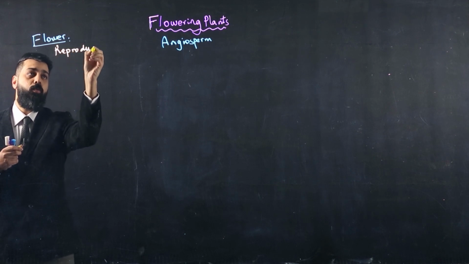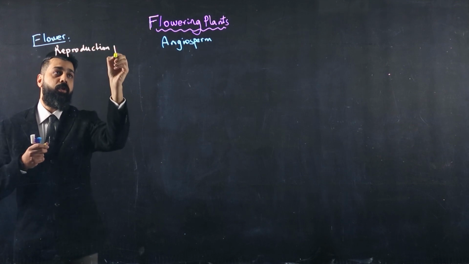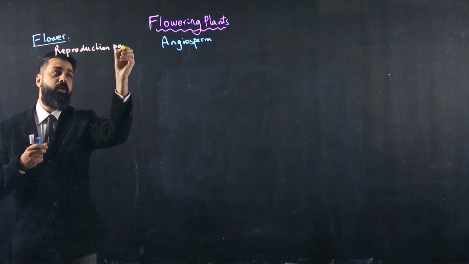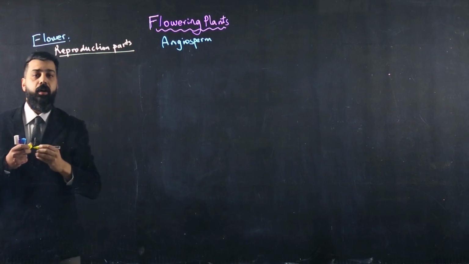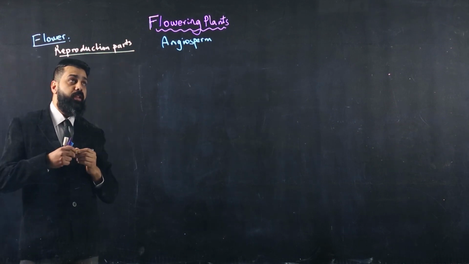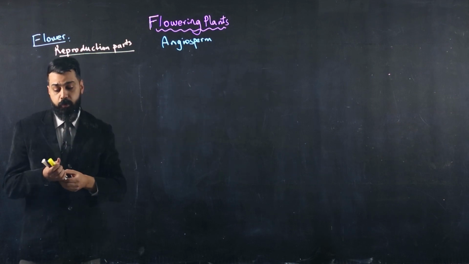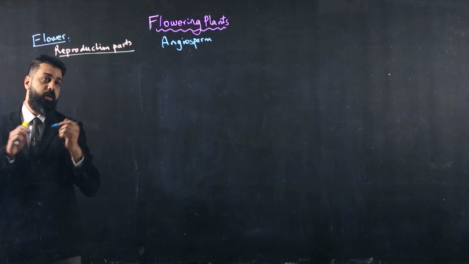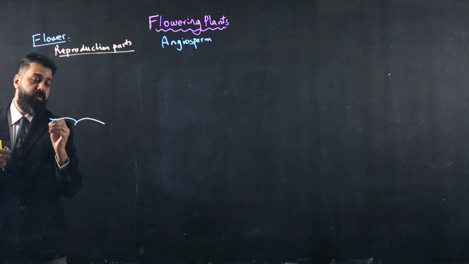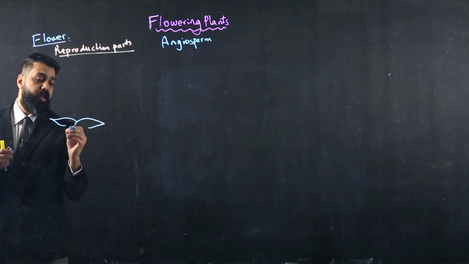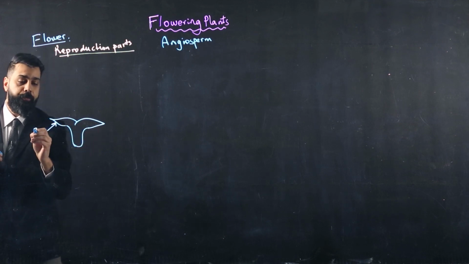So in the beginning we want to know what the reproductive parts of these plants are. First we have to know the structures of the flower that enable it for reproduction. So first we start with the greeny part that protects the flower before blooming, which is called the sepal.